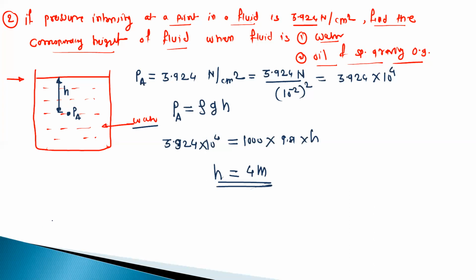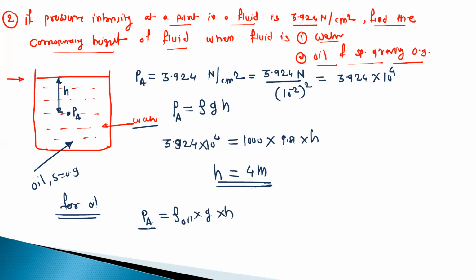Now just change the liquid. Okay, so if you replace this liquid by the oil, which is having the specific gravity 0.9. So for the oil, use the same equation PA, which is rho oil into G into H. So pressure is the same. We have to just find out the corresponding height for the oil.